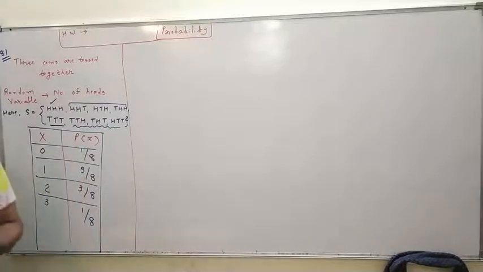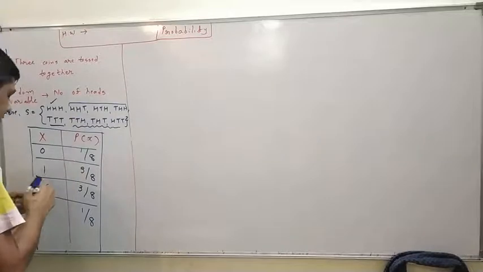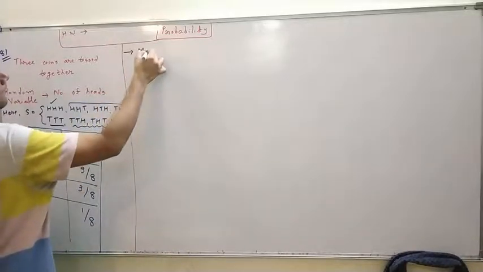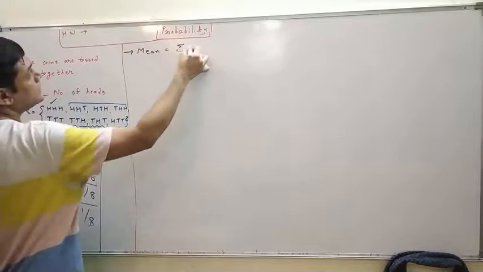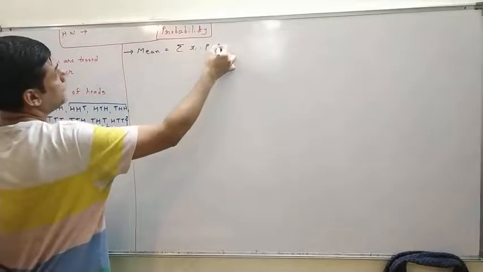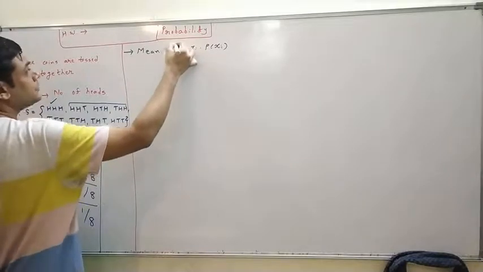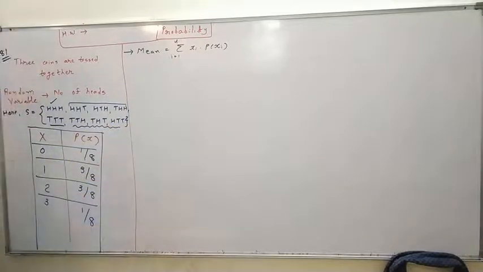Okay, so that is your probability distribution. Now we have to find the mean and variance. First we will find the mean. The formula for mean is sigma xi into p of xi, i equals 1 to 4. Here your random variables are x1, x2, x3, and x4.